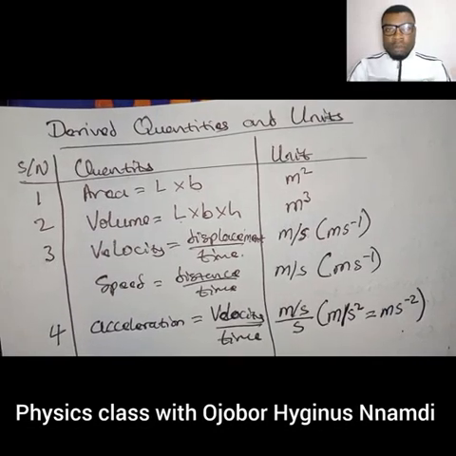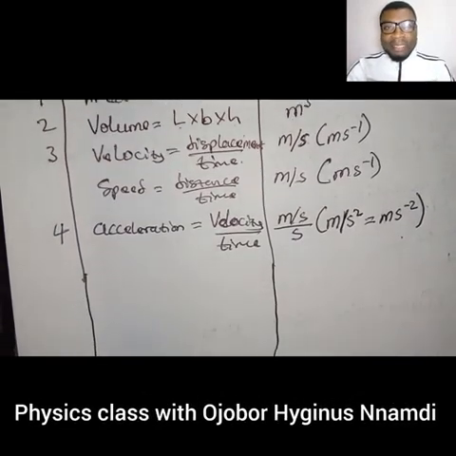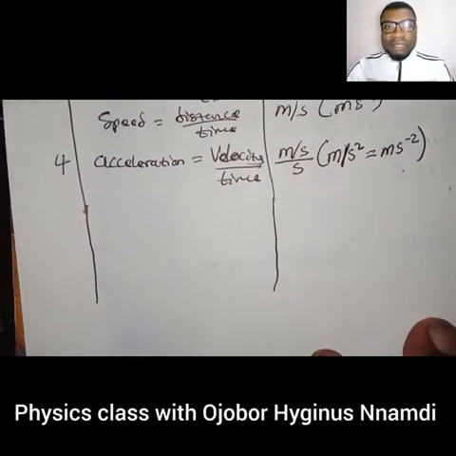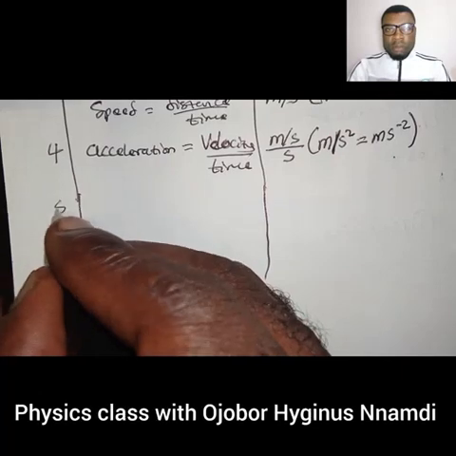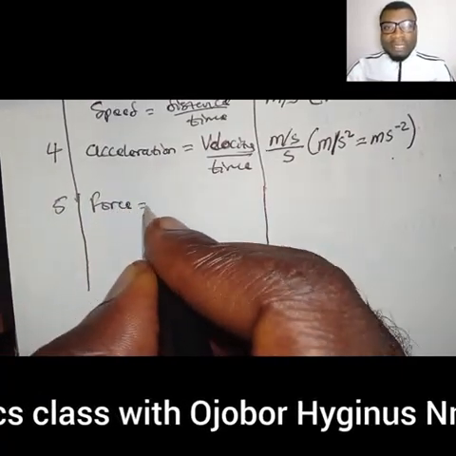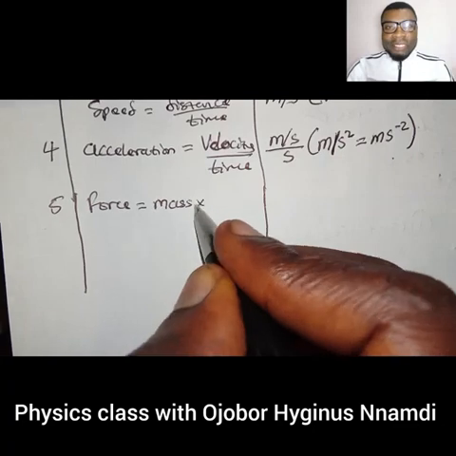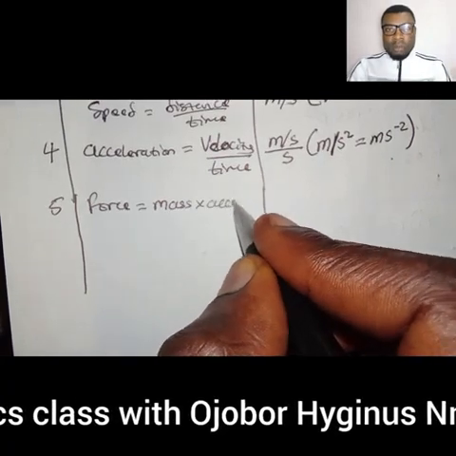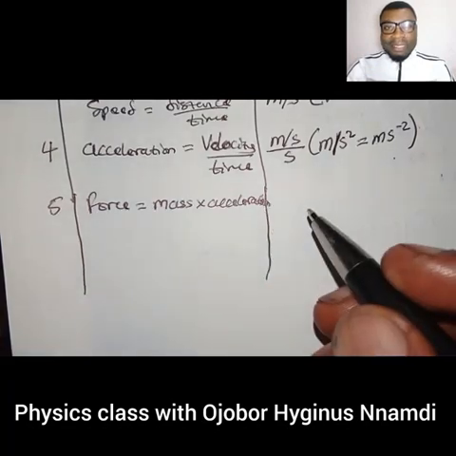The one thing about good physics is that if you can remember the formula, you can use it to define. If you can remember the definition, you can use it to get a formula. So if you look at another one, force, we can say that force is the product of mass and acceleration. Mass times acceleration is force. You can see how we are moving. It is a combination of fundamental quantities.